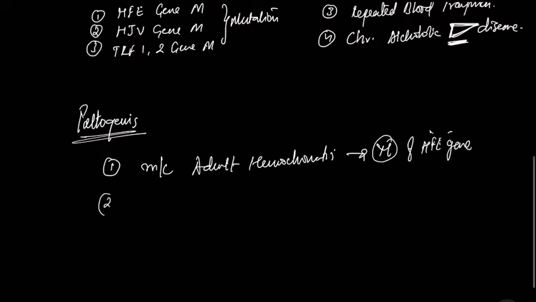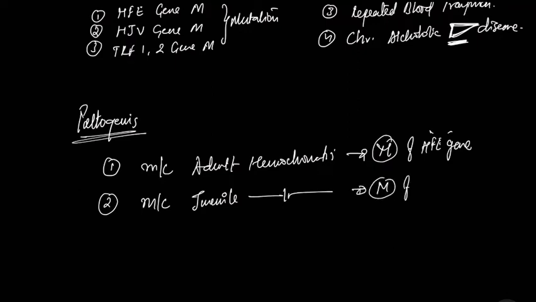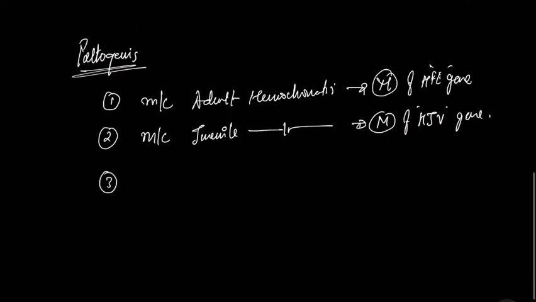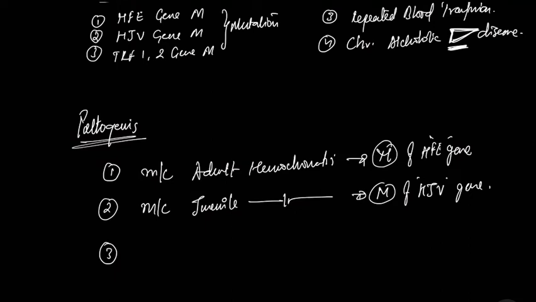All right. Secondly, the most common cause for your juvenile hemochromatosis is the mutation of your HJV gene. All right.